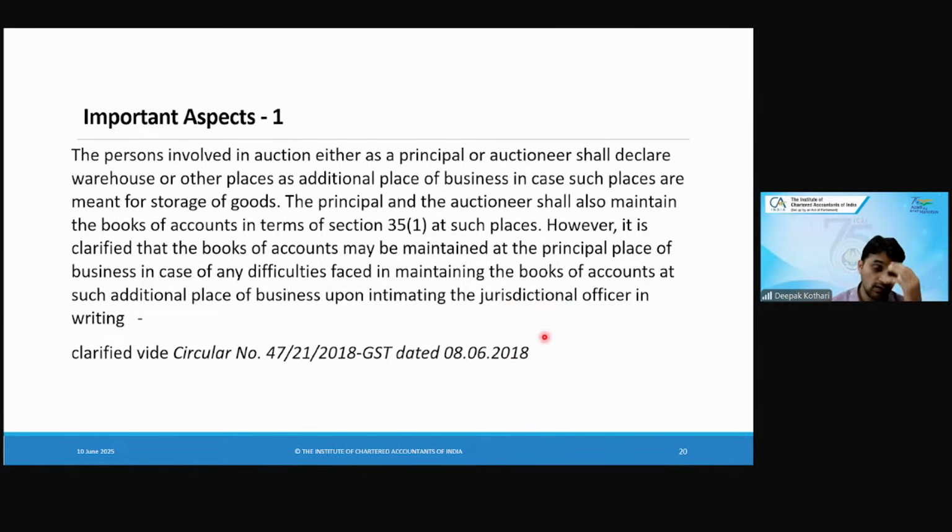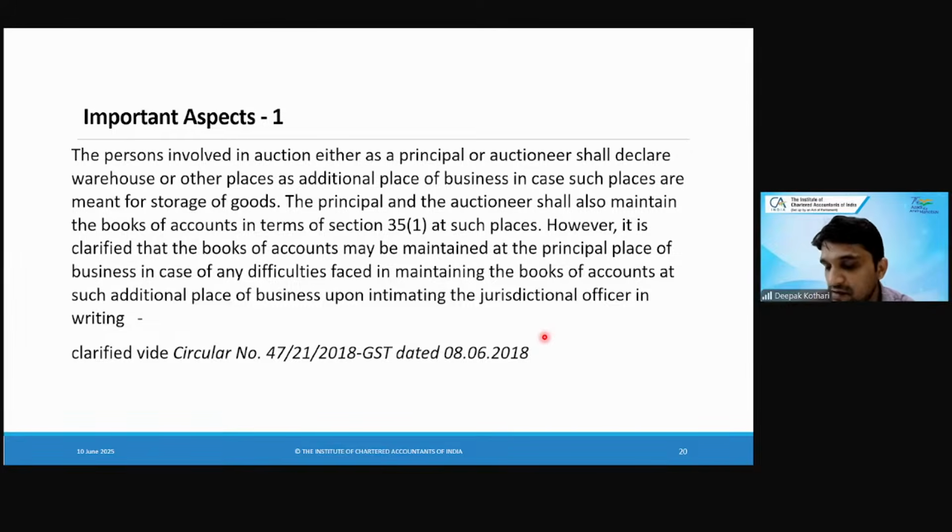Now, when the person does any auction at a specified place, he will have to include that as an additional place of business because goods will be kept there. The people who come for auction want to check the goods and then either buy or verify those goods, correct? Because without verification, they will not come for auction.